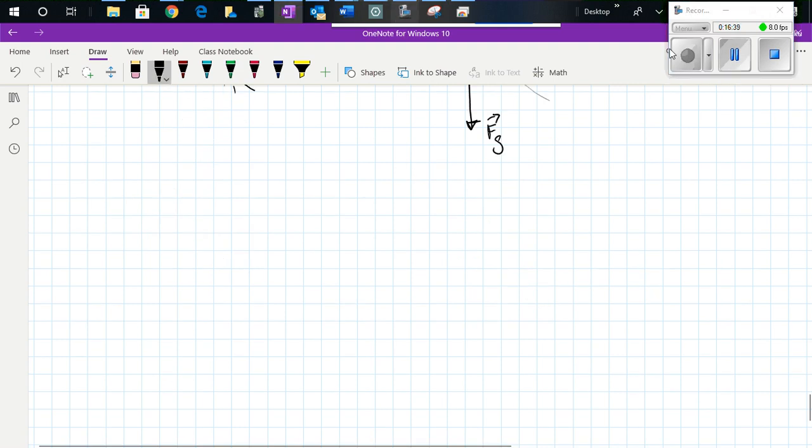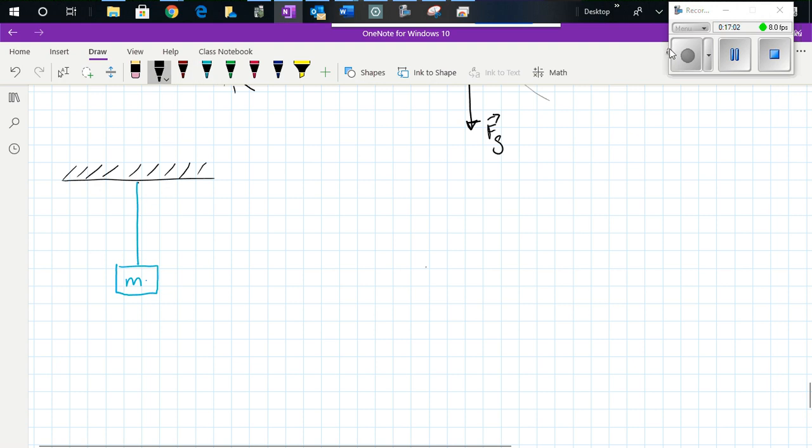Let's see now a situation when we have an object that is tied with a string and is at rest. An object with mass m. Let's draw the free body diagram of this situation.